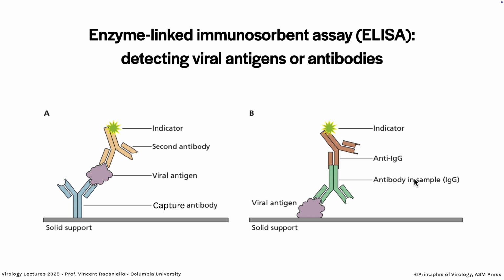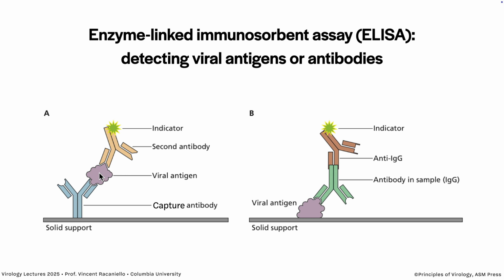Now, there are serological methods, right, which are very powerful and important. These are called ELISAs, enzyme-linked immunosorbent assays. We can detect either viral antigens or antibodies. So on the left, we have an assay for viral antigens, right? So there's the viral antigen in purple.